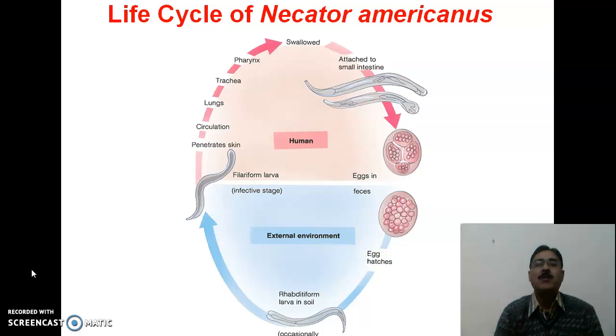This filariform larva generally penetrates the skin, especially the soft skin present between the finger and toes, and from there it goes into the blood circulatory system. From the blood circulatory system, as the blood goes to the heart, it goes to the lungs via the heart, then from the lungs there is upward migration to the trachea and pharynx, and from the pharynx swallowing takes place, and due to swallowing it goes to the intestinal region of the host.